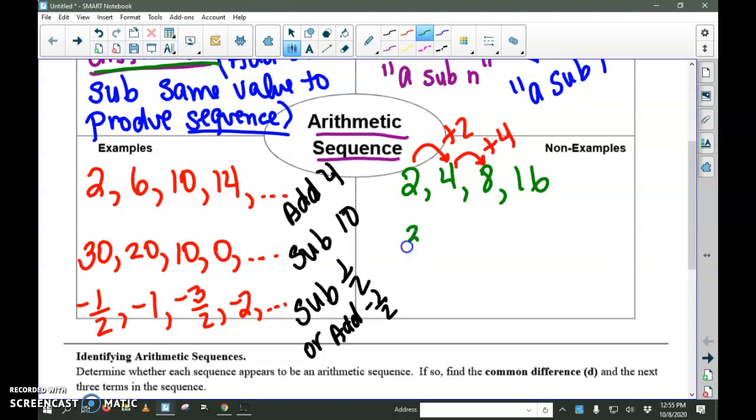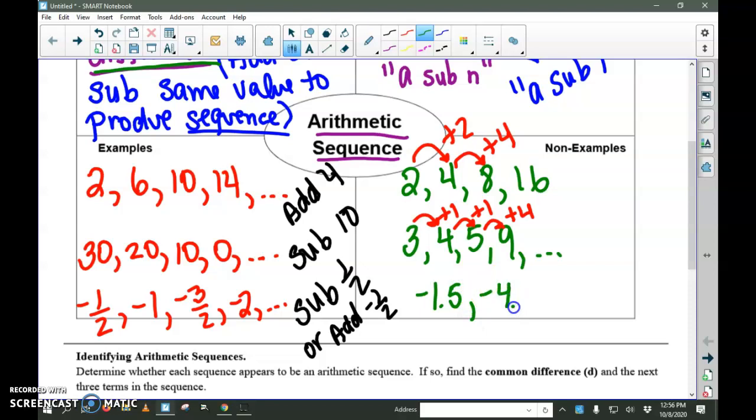Another example would be 3, 4, 5, 9. All right, so it looks like I'm adding 1 to get from 3 to 4, adding 1 to get from 4 to 5. Oh no, but then I'm adding 4. And so because I fall out of the pattern, this is not an arithmetic sequence. I have one more example for you. So negative 1.5, negative 4.5, negative 13.5.